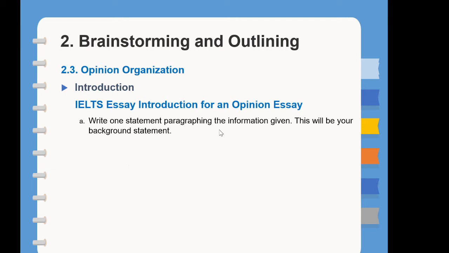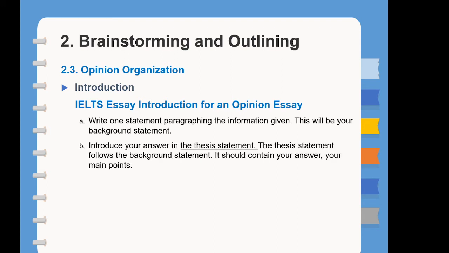The information that you paraphrase is the background statement. So you do not have to start with the hook like the normal opinion essay writing I have just explained.